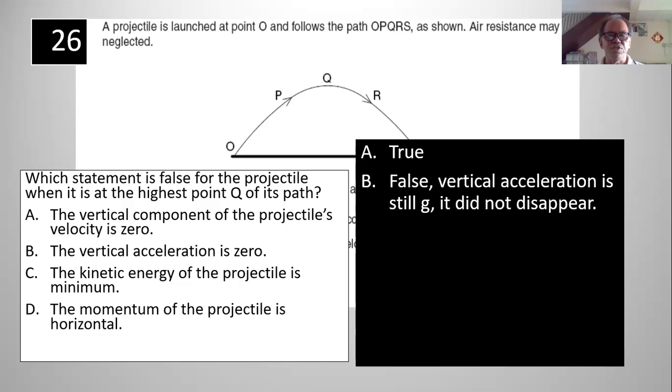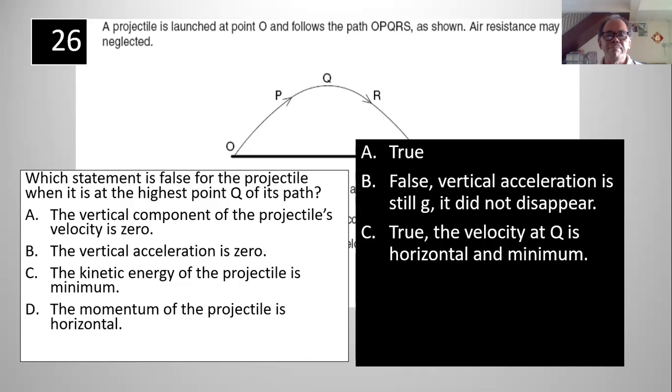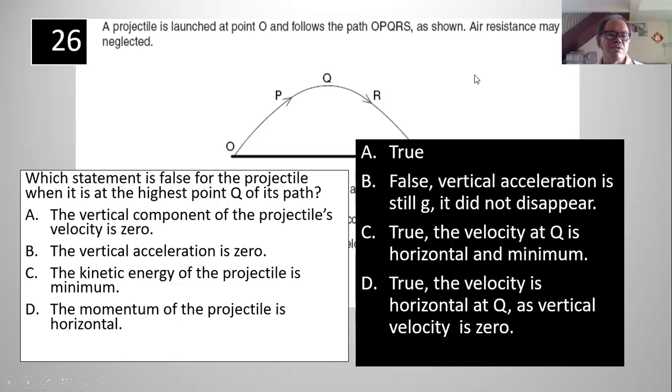It doesn't switch off. G is still there. Only the horizontal component of acceleration disappears. Kinetic energy of projectile is minimum here: you only have the horizontal component, the vertical component is zero. Momentum of projectile is horizontal: true. You only have horizontal velocity. So your answer is B.